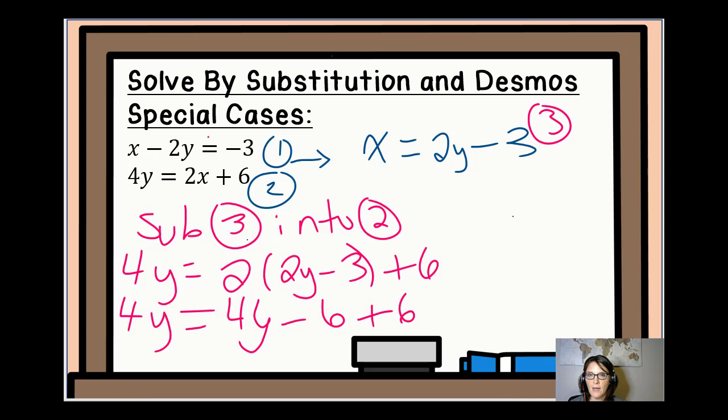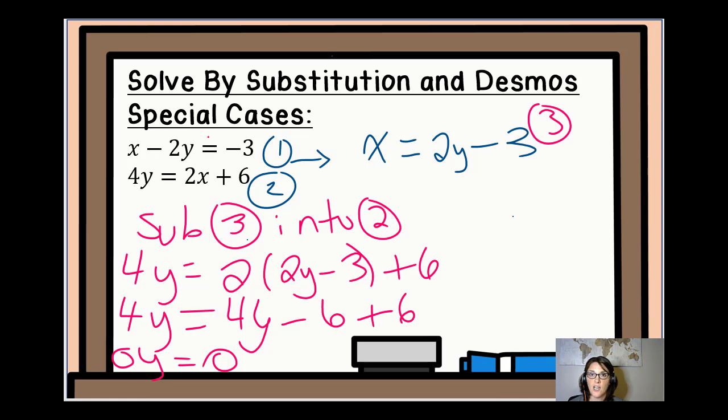When we combine like terms, I'm going to have 4y minus 4y, which is 0y, and then -6 plus 6 is 0. So 0y equals 0. That actually means these two lines are collinear. So they're actually one on top of the other.